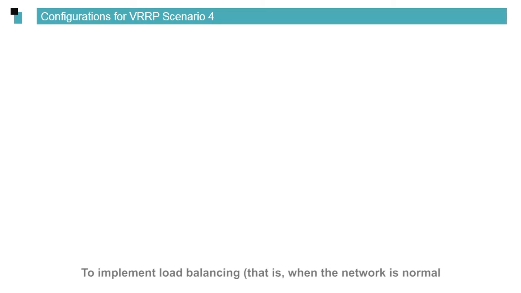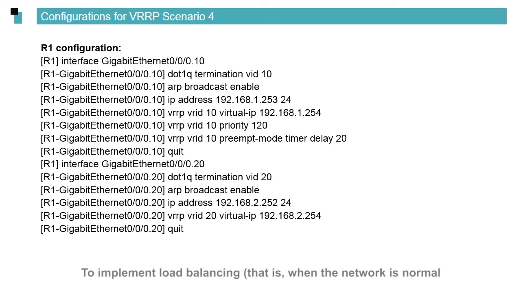To implement load balancing, that is, when the network is normal, VLAN 10's traffic is transmitted through the left link and VLAN 20's traffic is transmitted through the right link, perform the following configurations on R1 and R2. Configure R1 as the master in VRRP backup group 10 and as the backup in VRRP backup group 20.